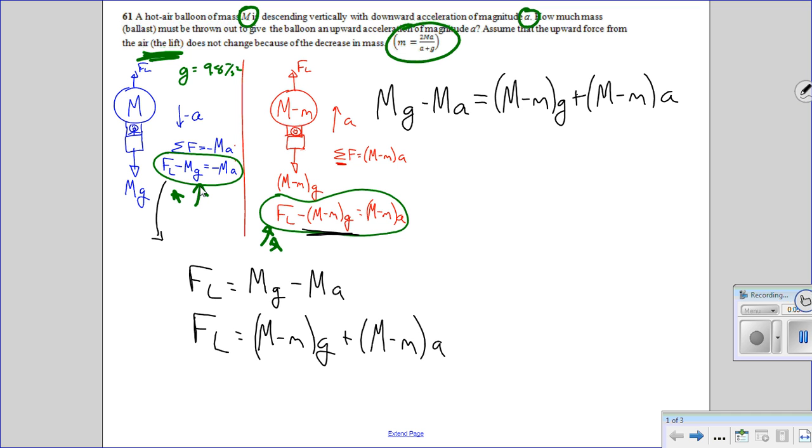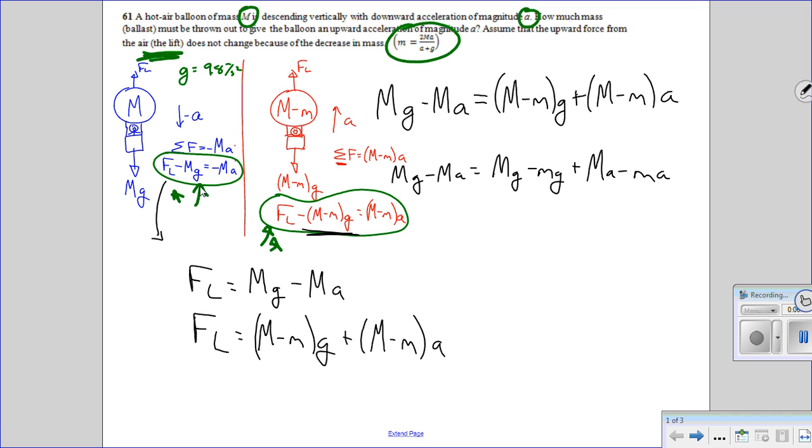All right, let's see. If we solve this thing, well, I got to get rid of these parentheses over here, right? So the left side I'm just going to leave as Mg minus Ma. Over here, I'm going to have Mg minus mg plus Ma minus ma. All right, so here is what I notice. Sorry about that.